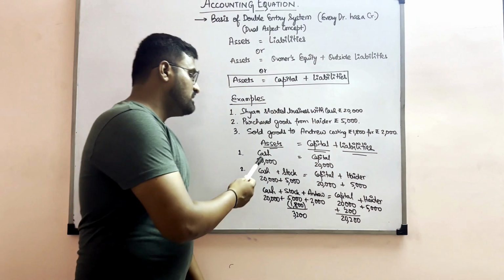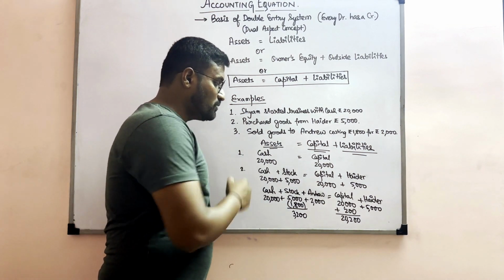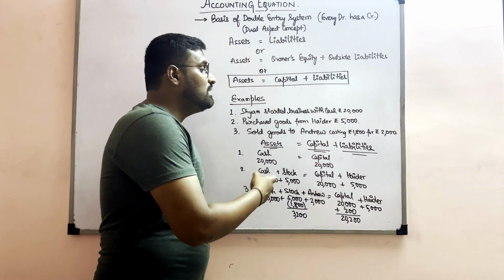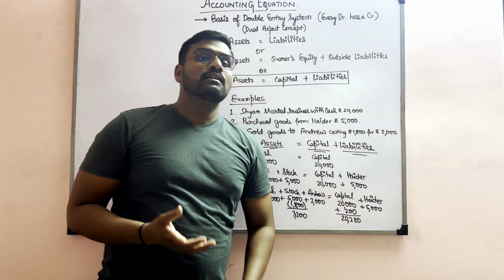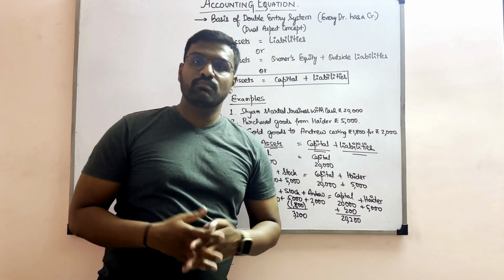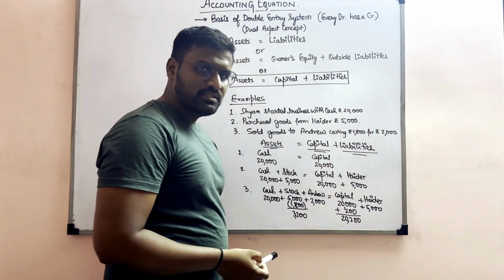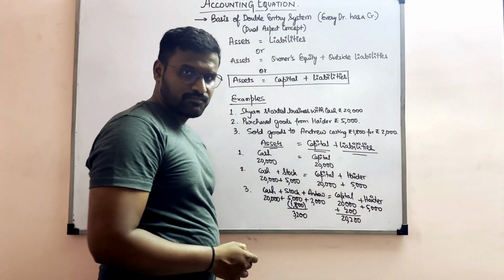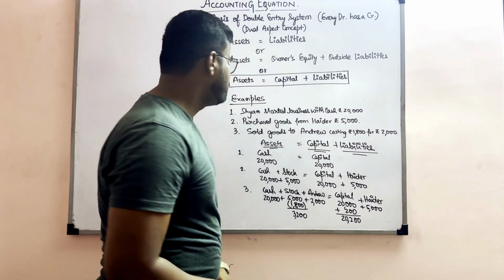So, we can write here the cash that is being received by the organization as rupees 20,000, and equivalent to that we have the capital input of Sham, who is a liability to be paid. Of course, it's a special liability as capital, but nevertheless, it's a liability. So, on the other side of the equation, under capital, we write 20,000. And hence, we see that the equation is balanced.